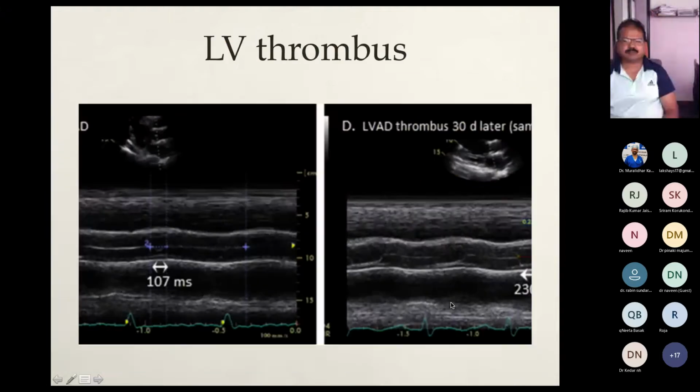LV thrombus is another problem. In case of LV thrombus, the aortic valve opening time, the aortic valve cusp separation time, will be prolonged, along with other features such as increased inflow cannula velocity.